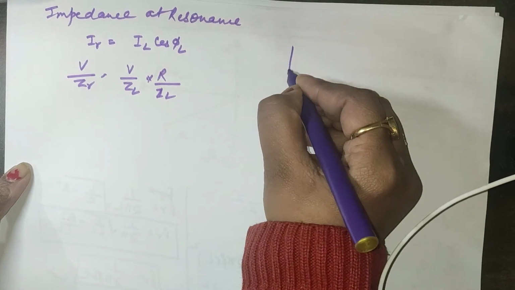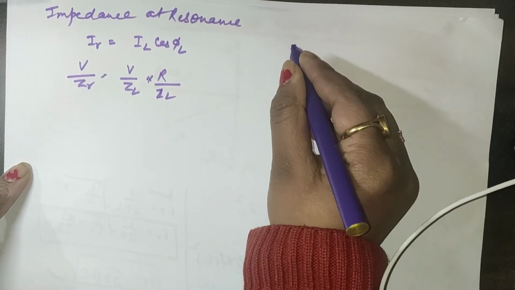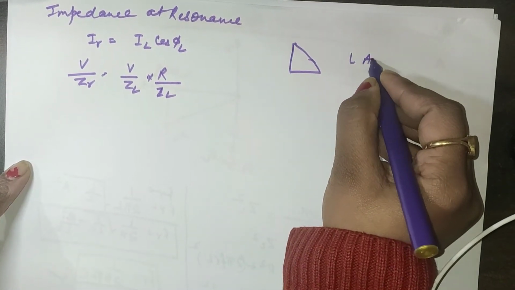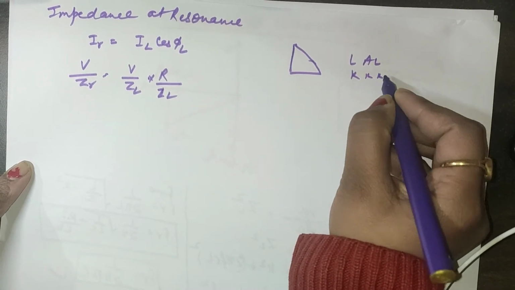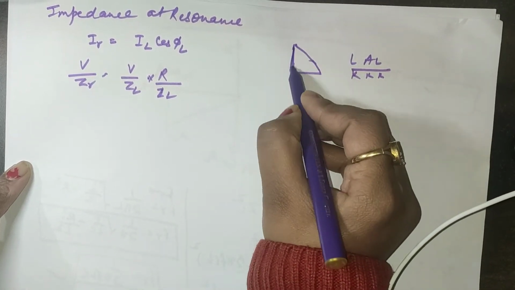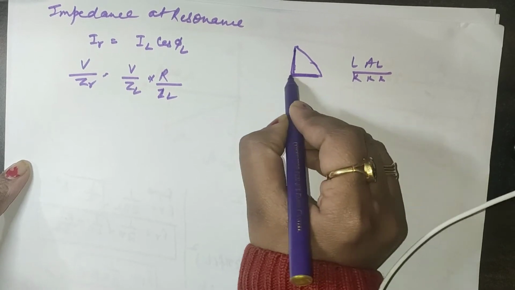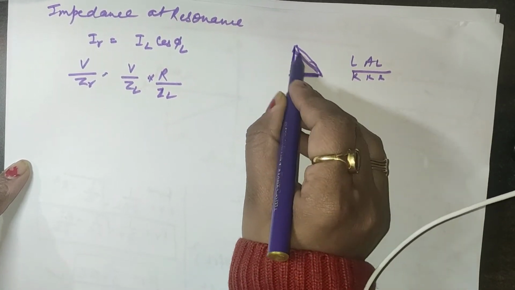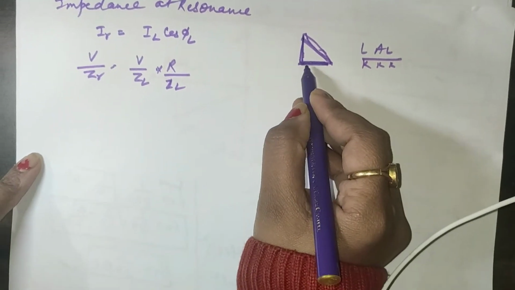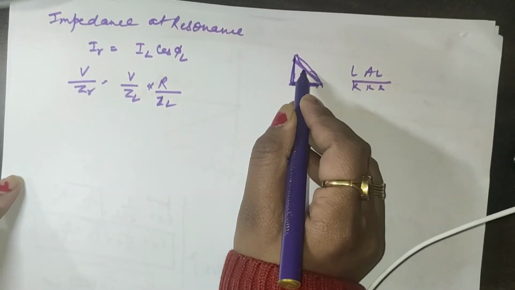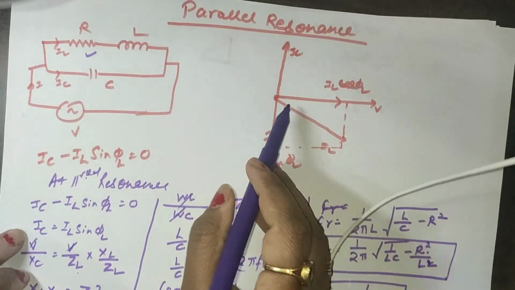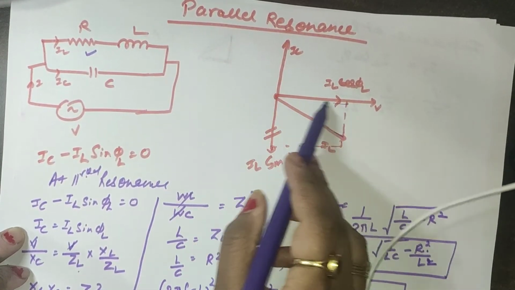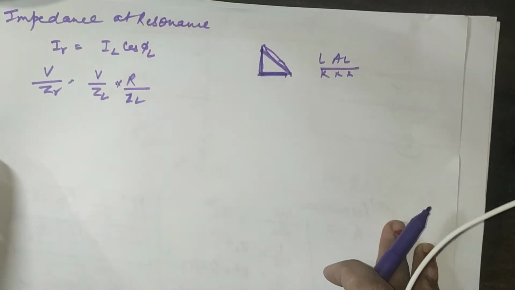In trigonometric terms, cos is base upon hypotenuse. So the base is R and the hypotenuse is ZL. You can check here: the hypotenuse is this and the base is this, that is IR. So R upon ZL.